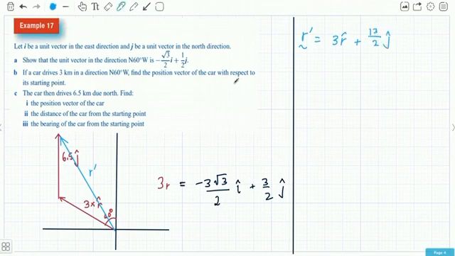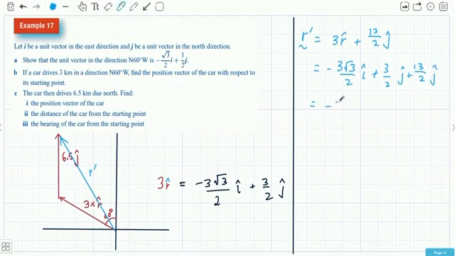So that's the up part, and this is the part we already had from part B. We know that 3r hat is given by this expression, negative 3 root 3 on 2 i plus 3 over 2 j, and this is why I expressed 6.5 over 2, because it just makes it a bit easier to combine now.